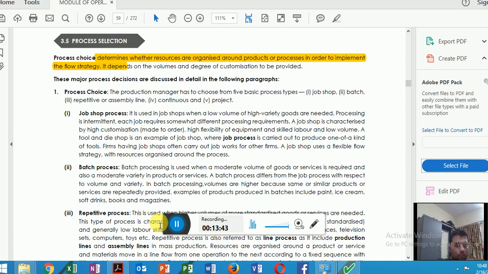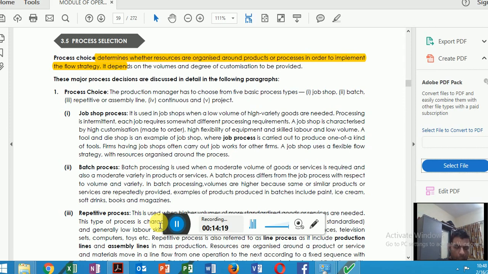Say for example, if the product is of unique nature and as the order changes, the specifications and aesthetics of the product change, then the production manager has to select a job shop process, in which different processes are required for making the different types of products. If the product is of repetitive nature and is large in quantities, this job shop process is not suitable.